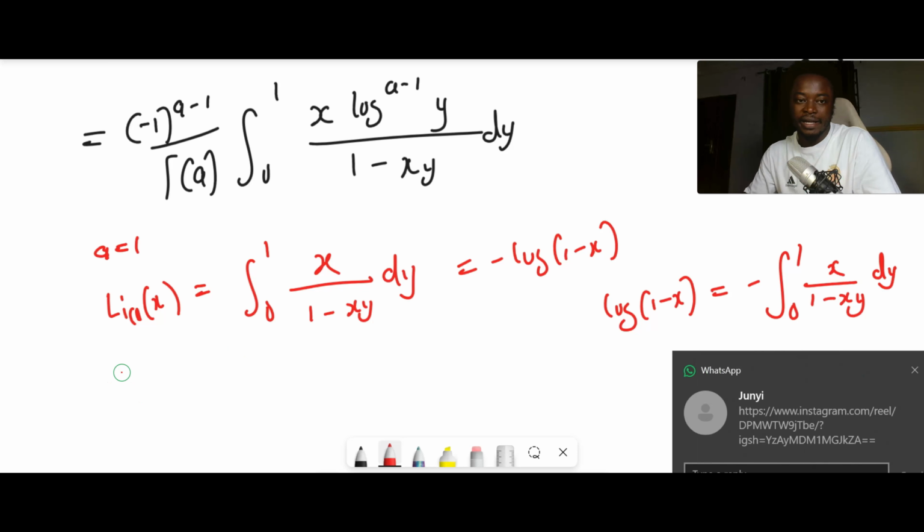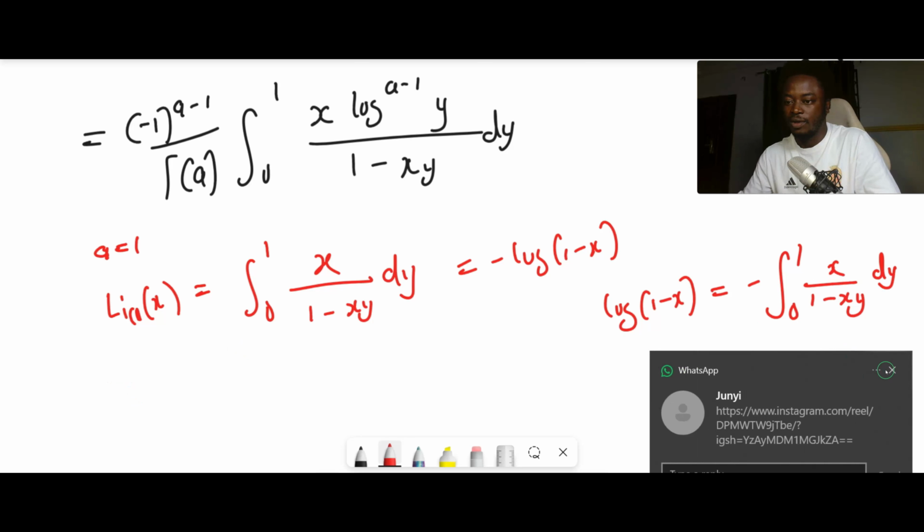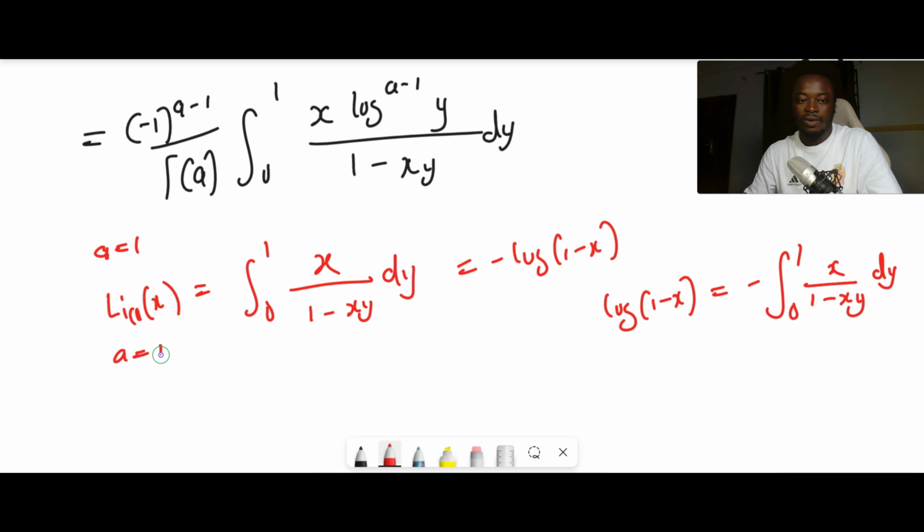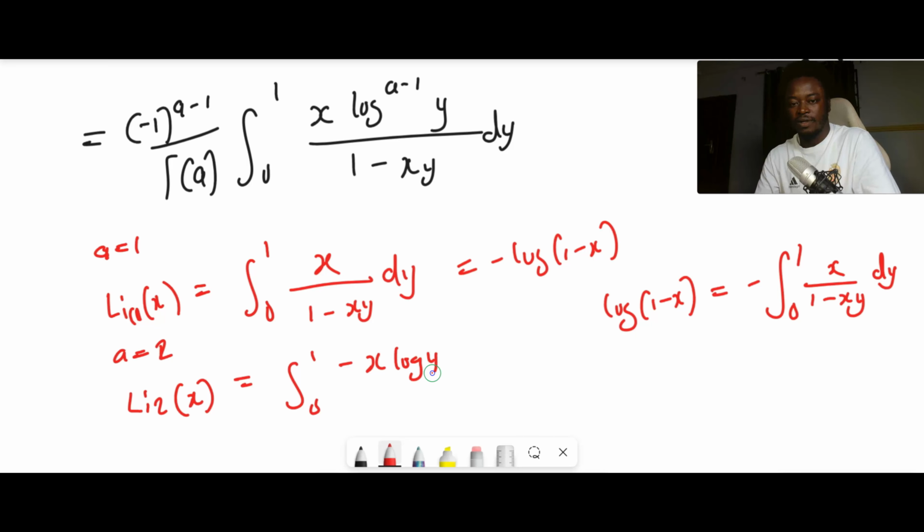So now when a equals 2, the dilogarithm of x is equal to the integral. Now when a is 2, you have a negative sign here, so you have the integral from 0 to 1 of negative x log y all divided by 1 minus x y dy.